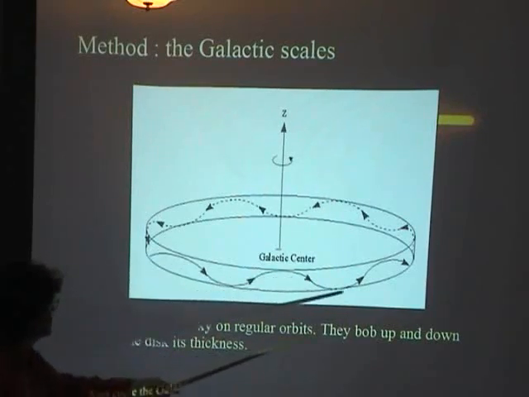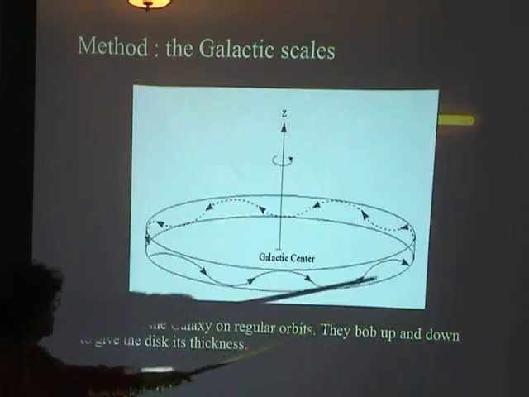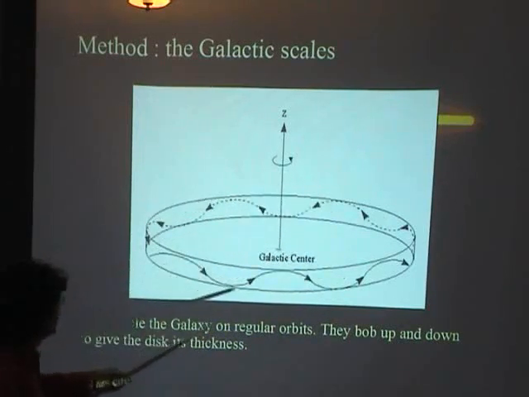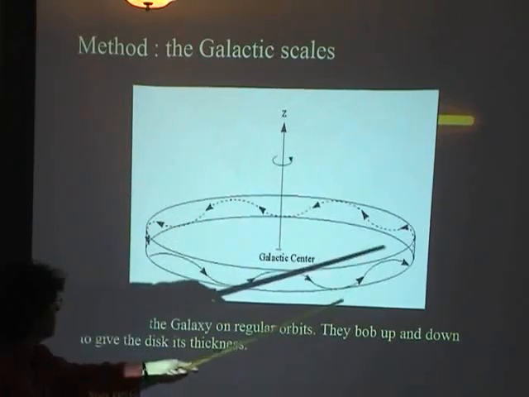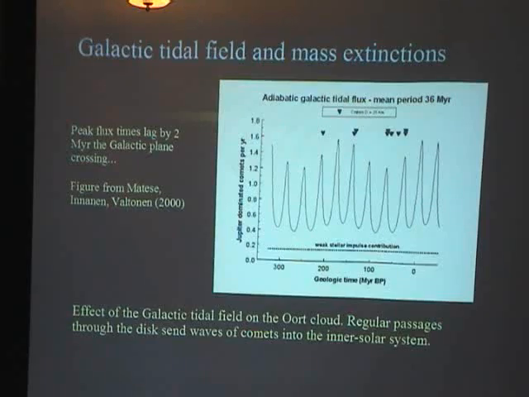In general, where the Sun is, stars take about 200 million years to go all the way around, and they're moving up and down like this. This accounts for the thickness of the disk. We'll return to this bobbing up and down motion, and that's the primary scientific result here.